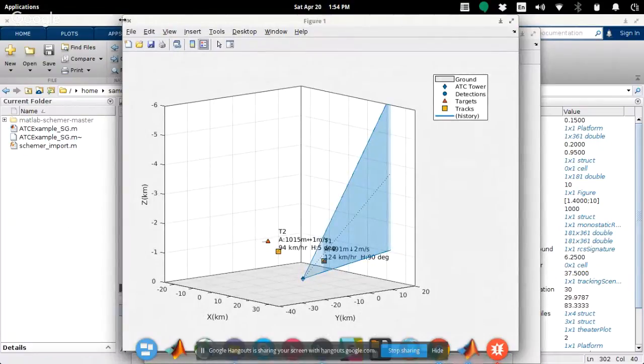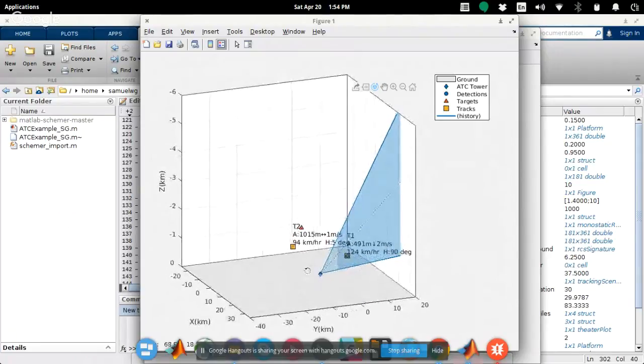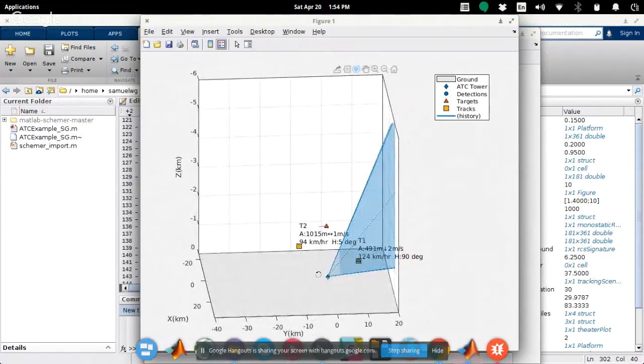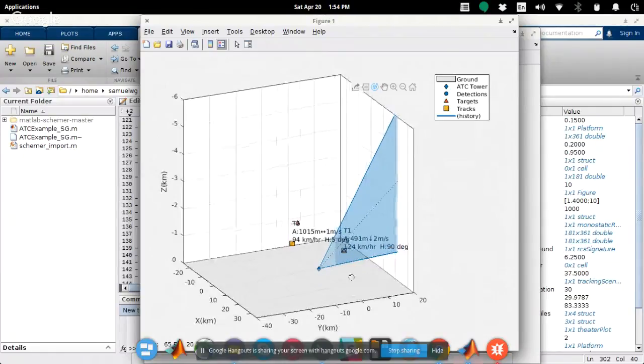So this is a 3D plot of what we just saw. So if I go in here, this is our tower. This is our monostatic radar. Here's a target. Here's a target, and here's a target, right? And essentially, this is the guy that we didn't get any detections on, and the squares are our target tracks.